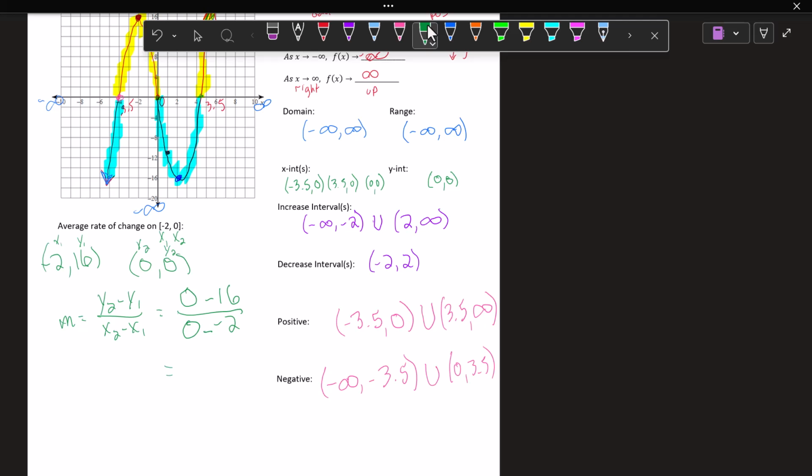Well, 0 minus 16 is -16. 0 minus a -2 is really 0 plus 2. -16 divided by 2, we get -8. And that is our average rate of change between -2 and 0.